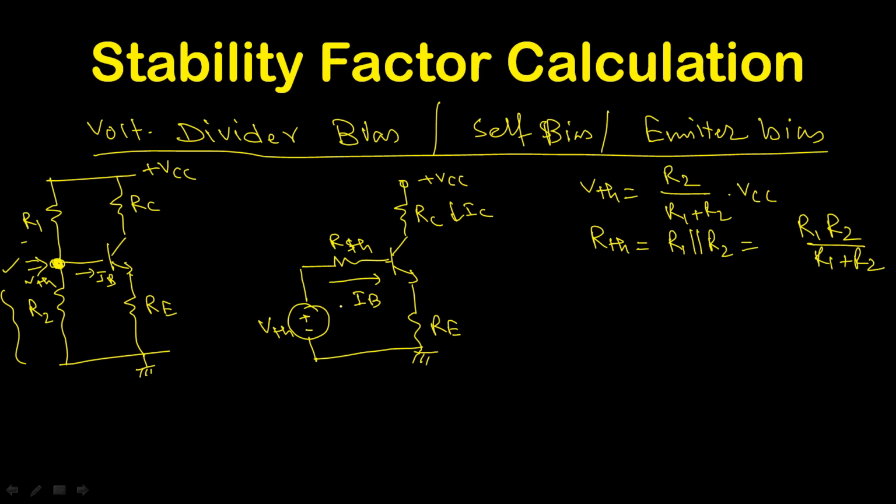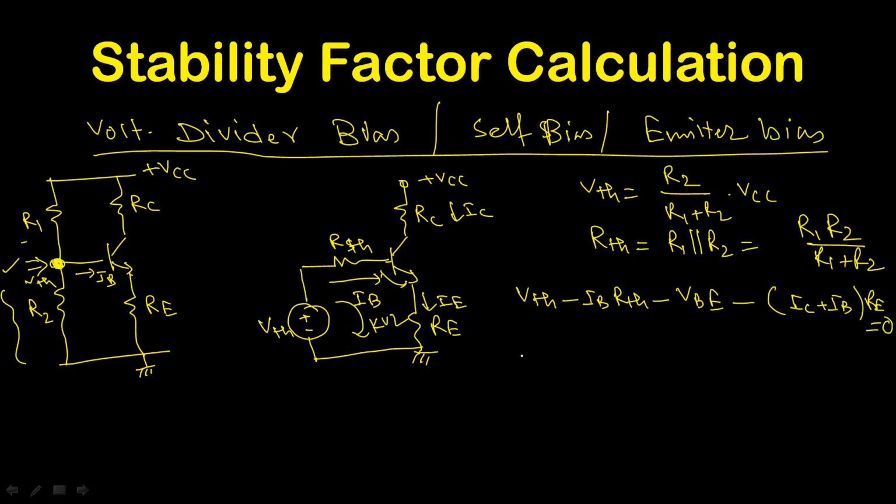Now we can easily apply KVL in this loop. So the equation will be VTH minus IB times RTH minus the base emitter voltage drop VBE minus the emitter current IE, I'm writing it in this form, IC plus IB, times RE, equals 0.